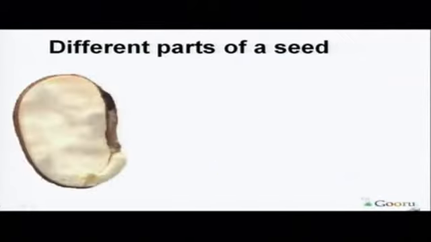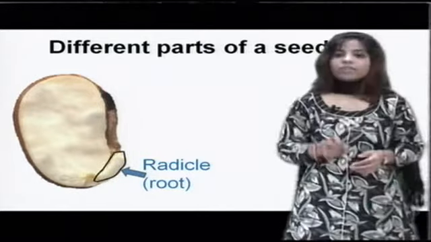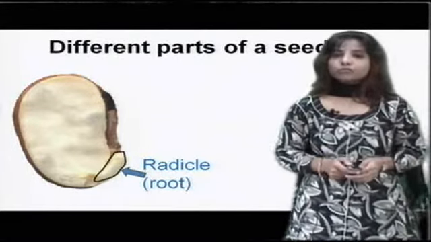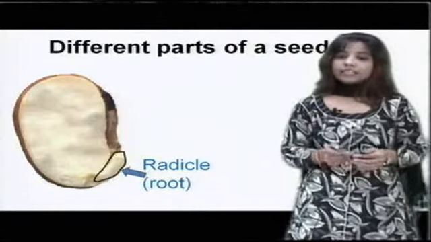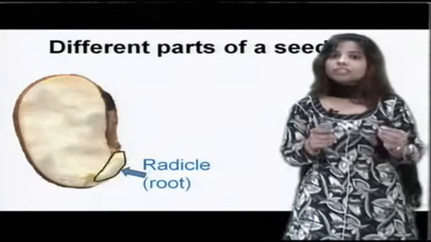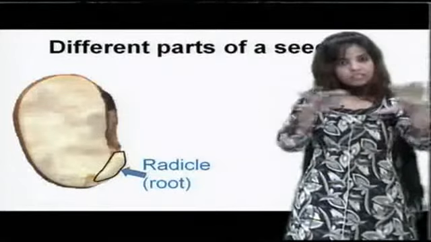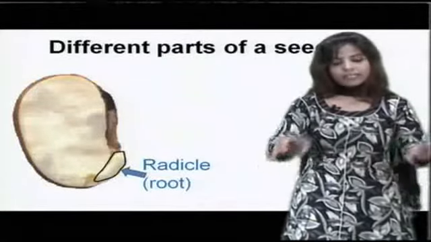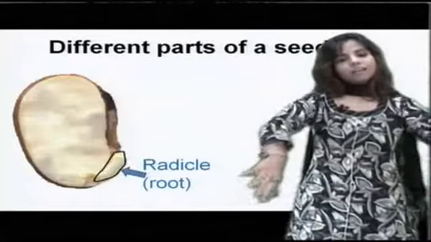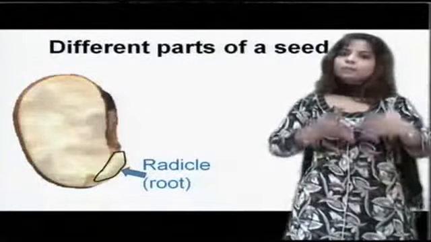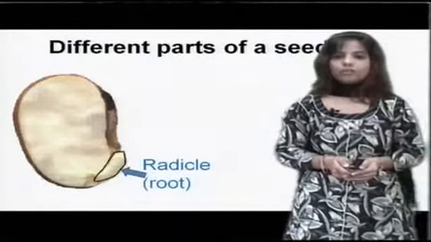So the second part of a seed is, you can see this, just below there is a radicle. You can see the highlighted one. The radicle is the main root of the plant. It is the main root, and further it is joined by the subroots. And by joining in the subroots down below the soil, they form the entire root system, and then the plant is grown.